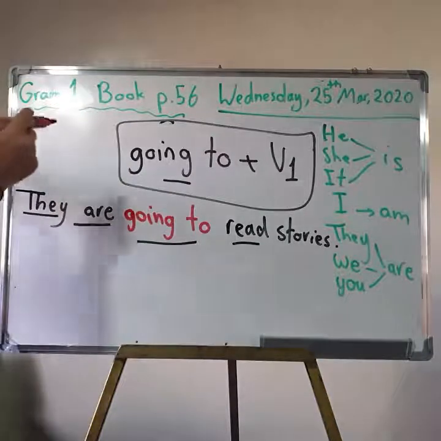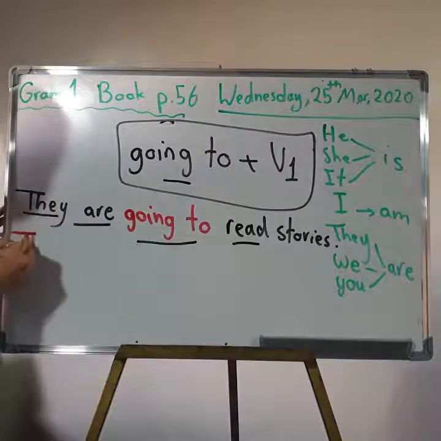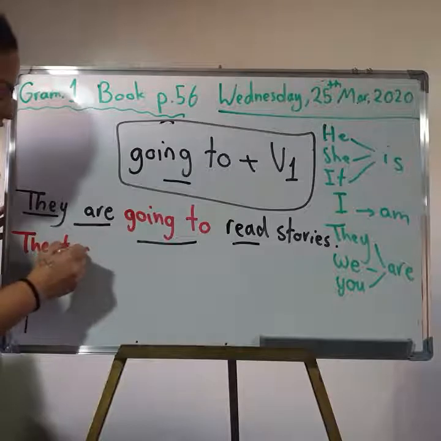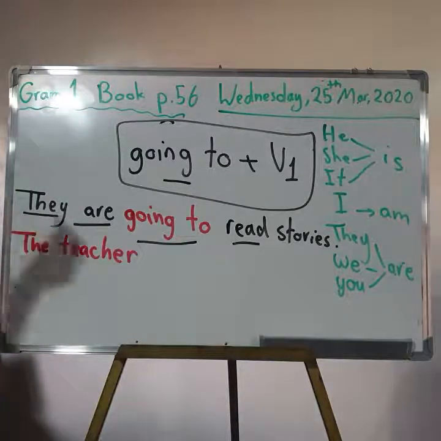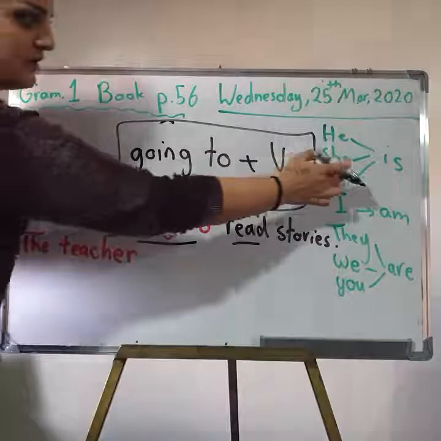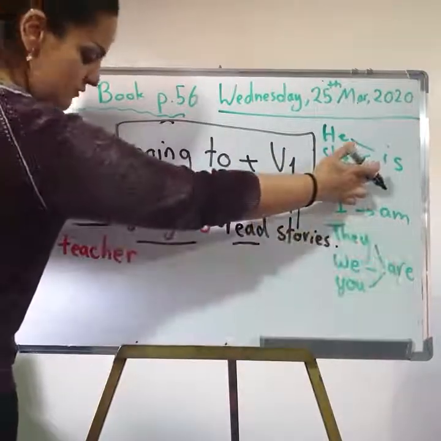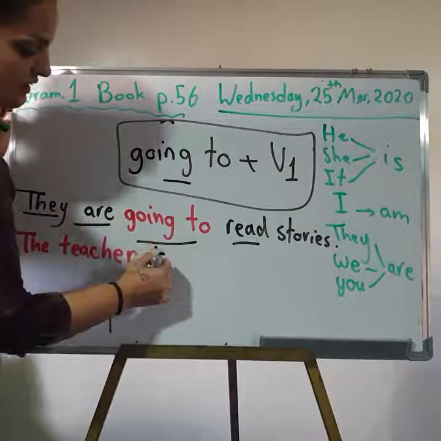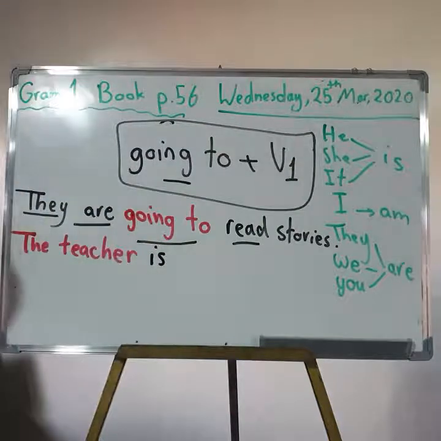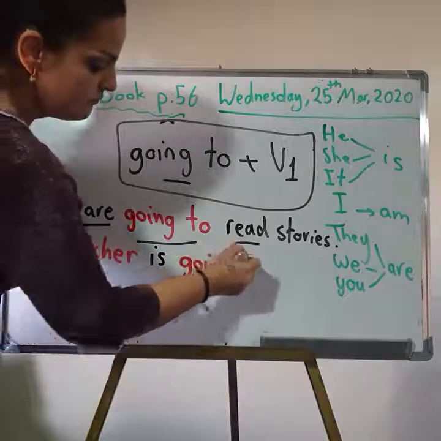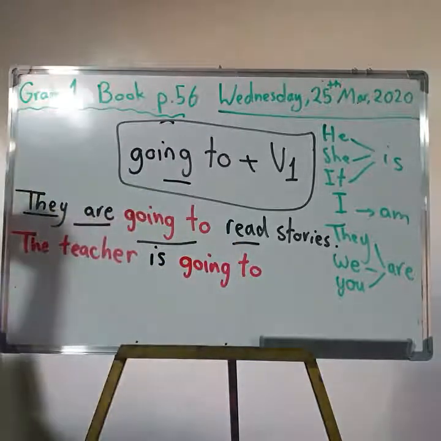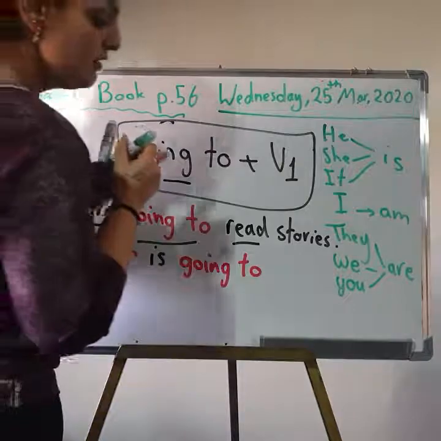Now, if I say the teacher, here the subject is singular. I have to pick the correct helping verb. With a singular subject, I use is. The teacher is going to, with verb 1, correct.